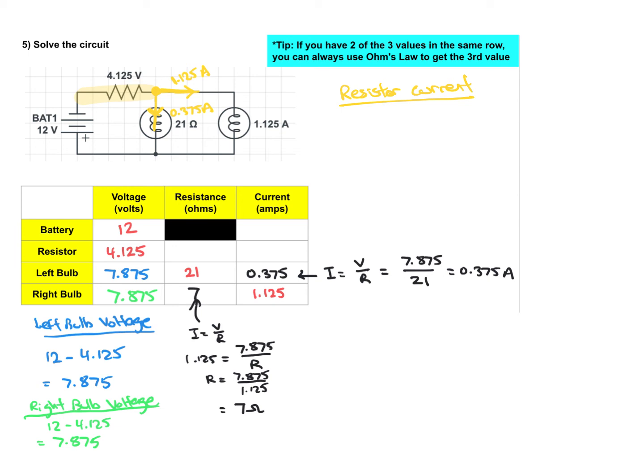So it'll be 1.125 plus 0.375. So that makes a nice 1.5 amps. So 1.5 amps had to be going through the resistor in order to be able to split up into the 2 numbers that we got after the junction. So that's the current through the resistor.